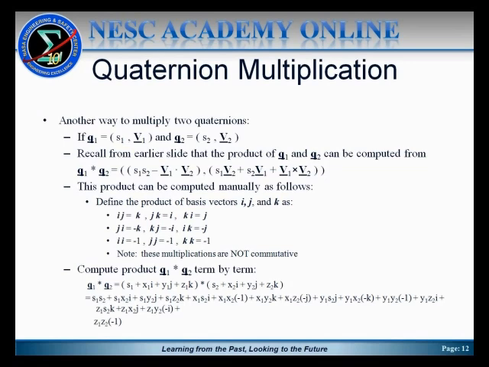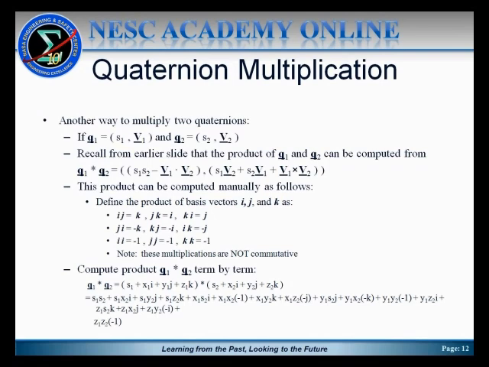Whereas in the cross product world, I cross I would be 0, and J cross J would be 0, and K cross K would be 0, because those terms are parallel, and since they're the same vector, the cross product returns 0. But in this case, for quaternion use, those products of the same basis vector with themselves just produce minus 1. And again, note those multiplications are not commutative.